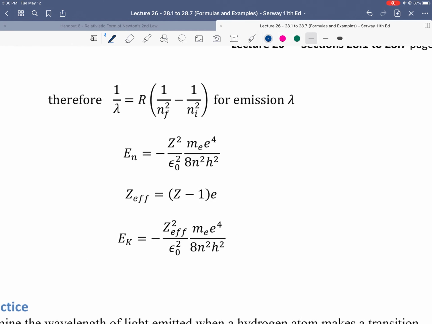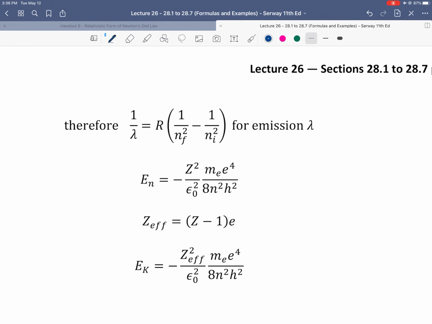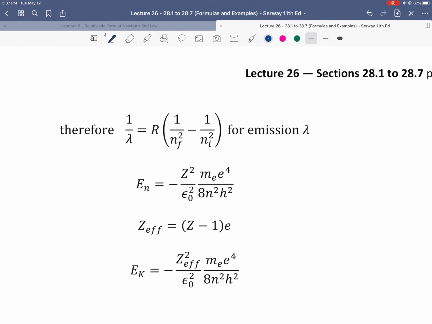All right, let's look at a couple more things just to wrap it up. Then we'll bring it back to emission. The whole point of this last equation is to bring it full circle and talk about the wavelengths emitted by an atom that is relaxing to a lower state.